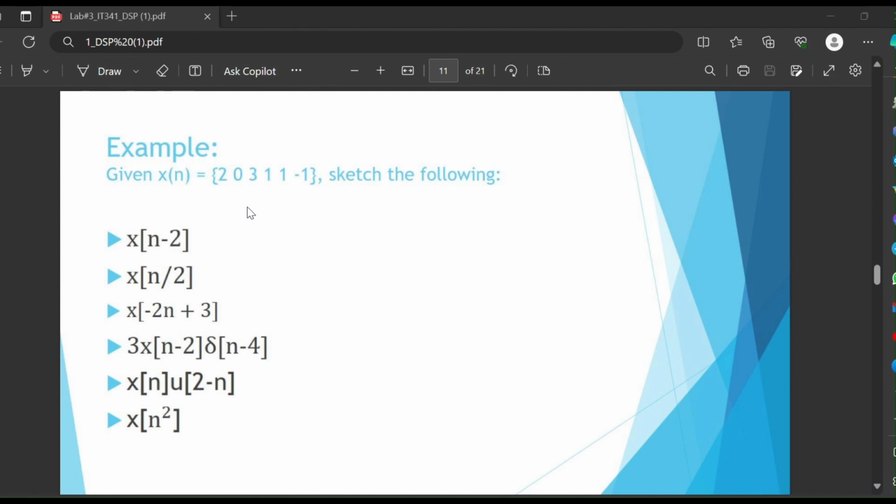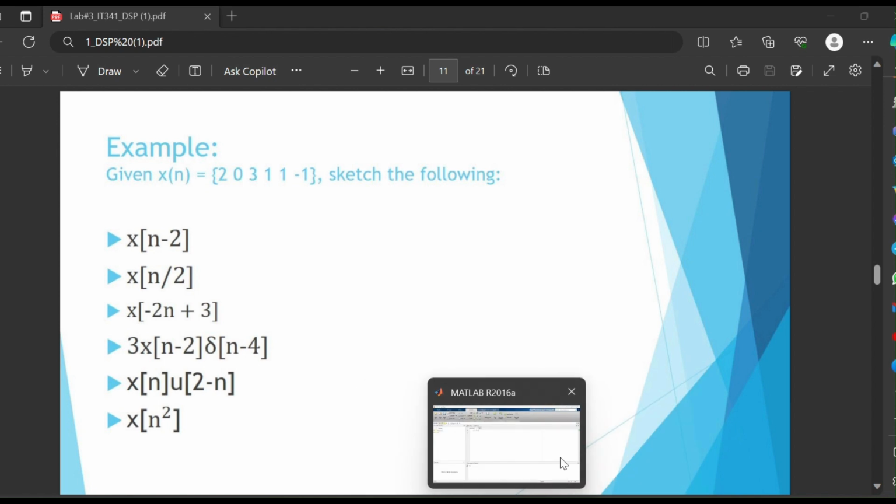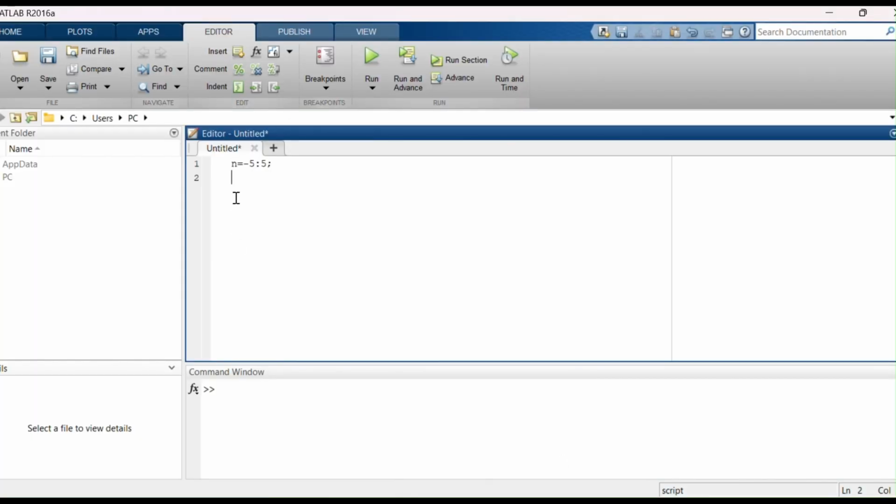It starts from the 3 being at 0, so negative 2, negative 1, 0, 1, 2, 3. If I want to add some more, I can put zeros over here or over here. So x is equal to, I want to start from negative 5, so we'll add 3 zeros, then 2, 0, 3, 1, 1, negative 1, 0, 0.